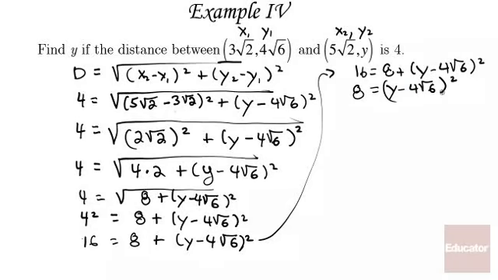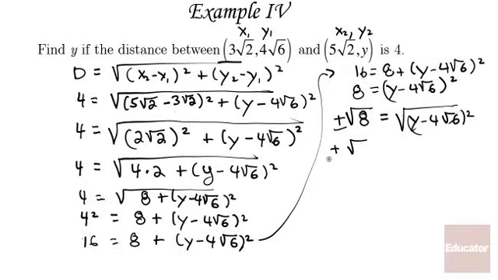Now, there are multiple ways to solve this, but the simplest way is actually going to be to take the square root of both sides. So I'm going to go ahead and take the square root of both sides, solve this quadratic equation. And that's going to give me the square root of 8 equals, and since this is squared, if I take the square root of something squared, it's going to give me this plus or minus the square root of 8 equals y minus 4 radical 6.